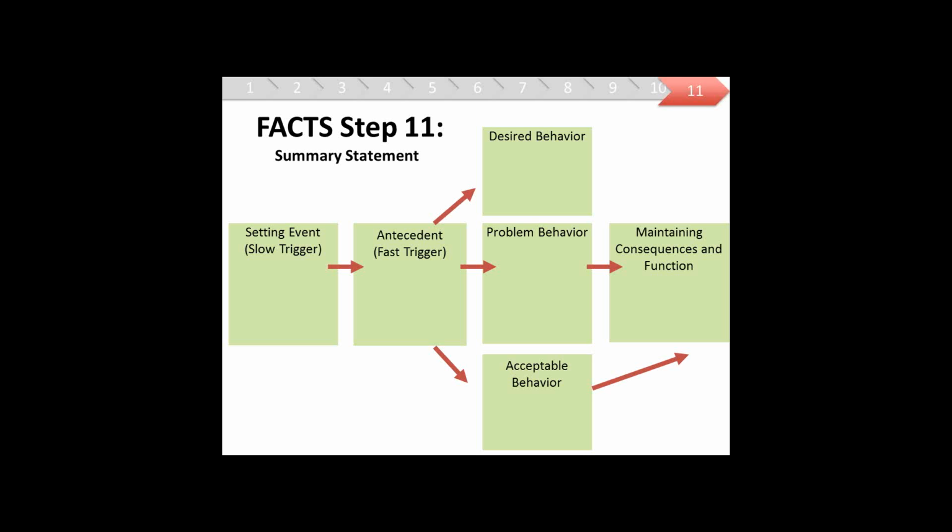So we're working with a progressive step to get them to that desired behavior. And we're always thinking about, from their perspective, what are they getting out of this problem behavior? Because they're getting something out of it or they wouldn't continue to do it.